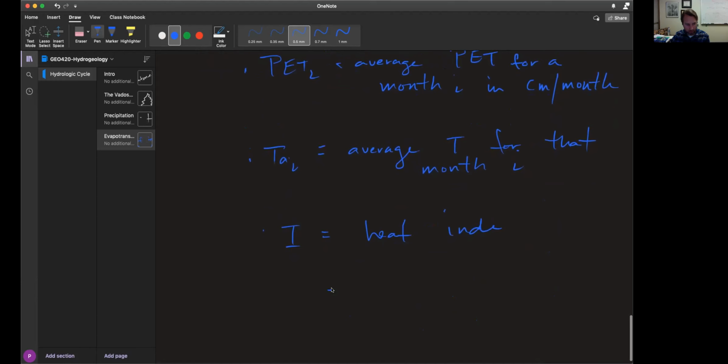And it is calculated using this equation, sum from I equals 1 to 12 of TAI over 5, to the 1.5. I think that's 5. My notes are terrible. It's on your homework though.